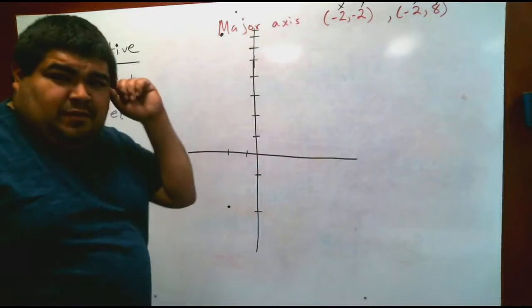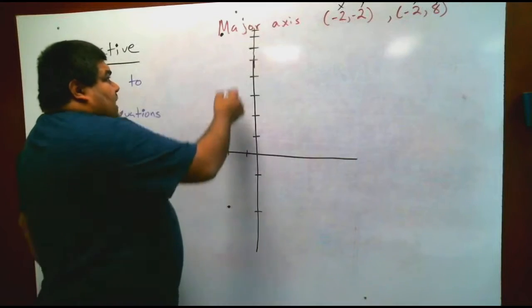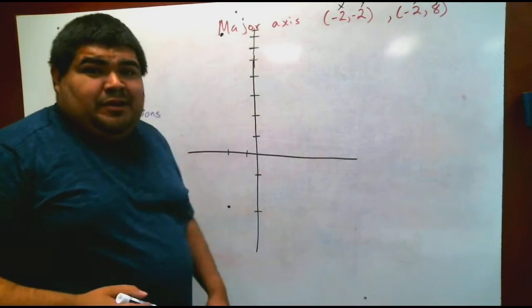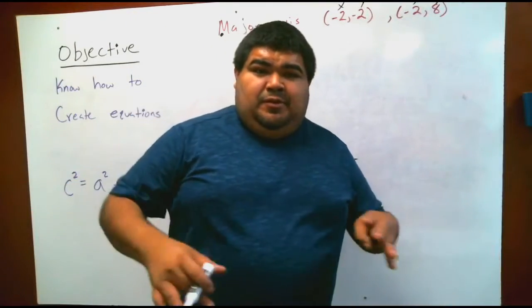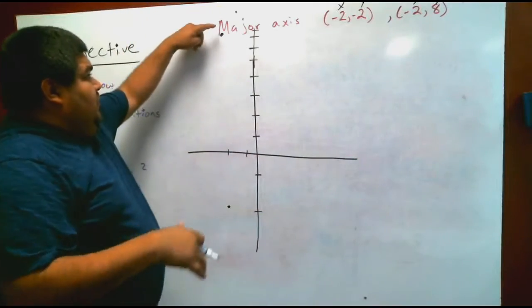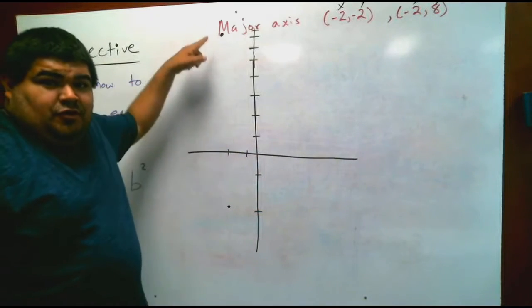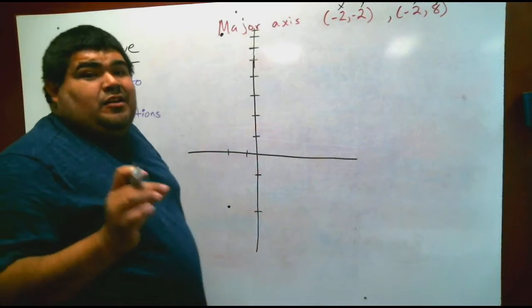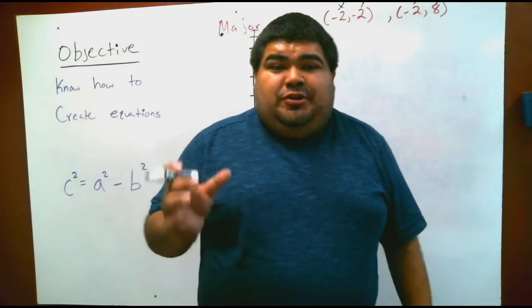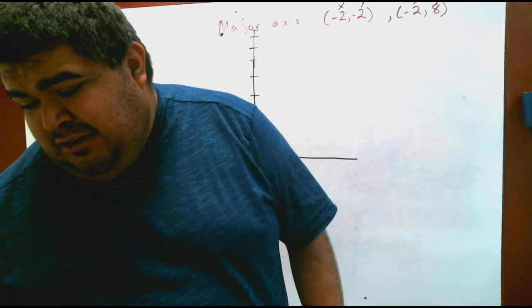All right, now that we have our major axis, notice that if this is our major axis, is our ellipse going to open horizontally or vertically? If you look at this one, it already gives you your major axis, which is vertical, right? So out of the two equations we have on the chart, we're using the second equation. It says standard form of the equation.